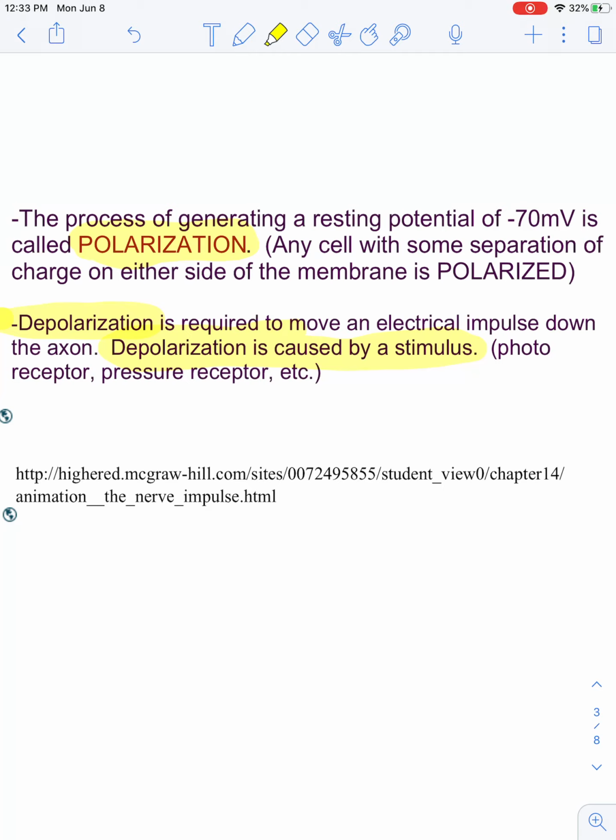And that is the question. It doesn't matter what type of receptor we're talking about, whether it's a response to light or chemicals in your nose, on your tongue, pressure, pain, they all start conducting electricity the exact same way. So all those different receptors start the same process of conducting electricity, which we're going to look at.